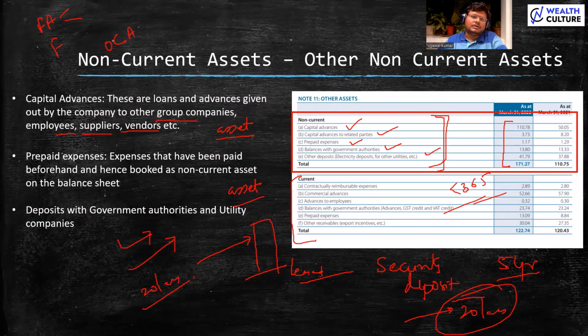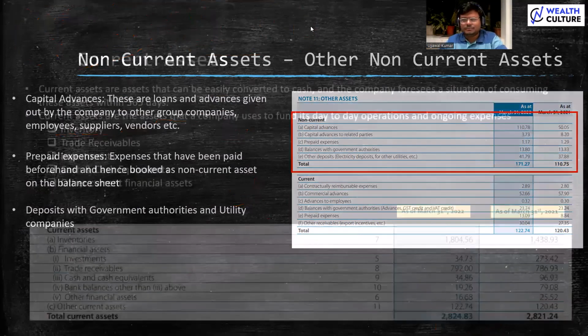You have right of use assets also as part of fixed assets mostly. Then we have capital work in progress, anything under development, and similarly for intangibles, you have intangible assets under development, right? So that's the non-current portion of the balance sheet.